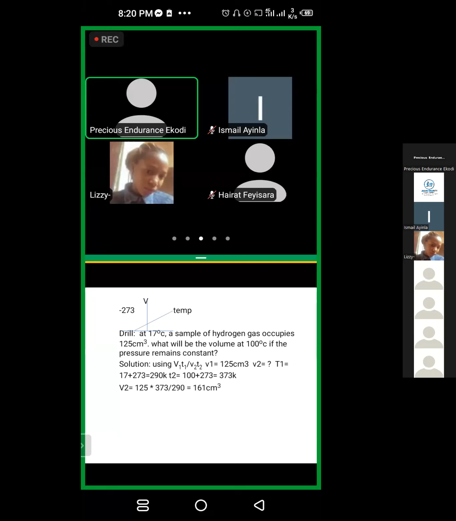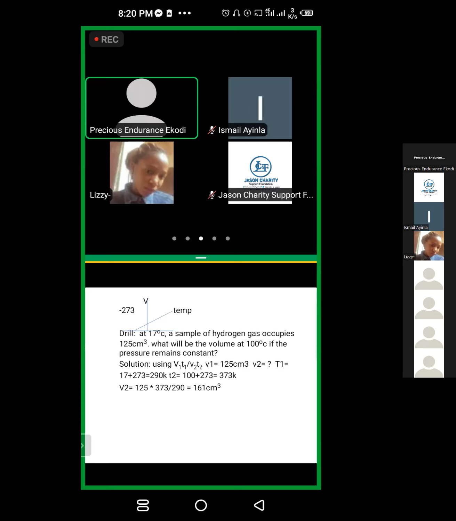Please, this is very compulsory, very important. Once you are working with gas laws, all your temperature must be in Kelvin, unless otherwise stipulated that you should convert to Celsius. It must be in Kelvin. Now, putting that into the formula, looking for V2, we have V2 equals V1 times T2 all over T1.